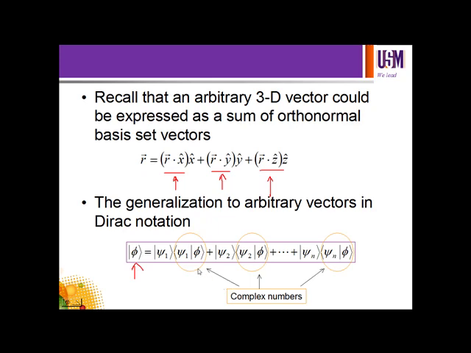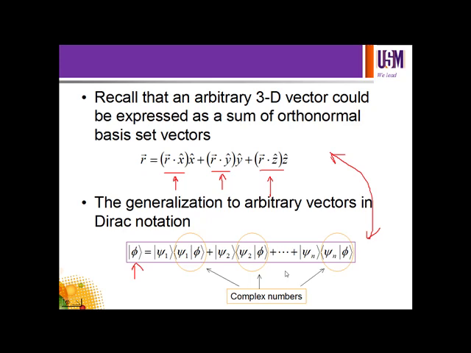So basically it is similar between the two. You have a number or constant multiplying the unit vectors. If psi 1, psi 2, up to psi n represent unit vectors for vector phi, the inner product at each section is basically just a complex number.